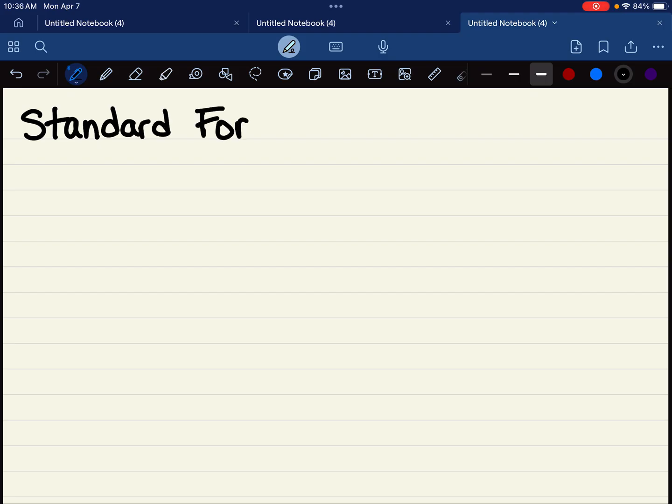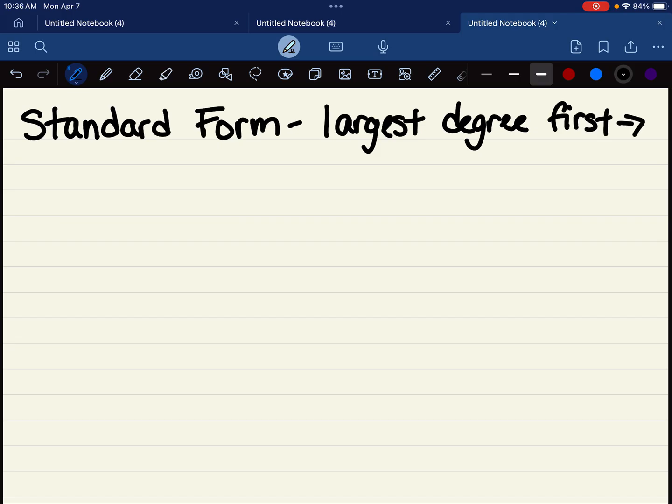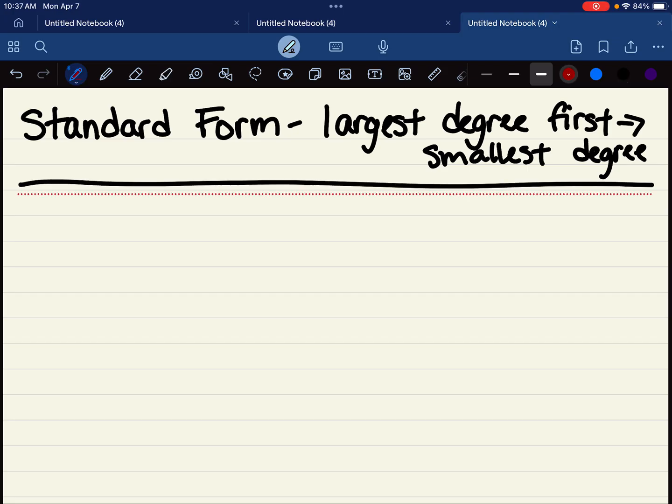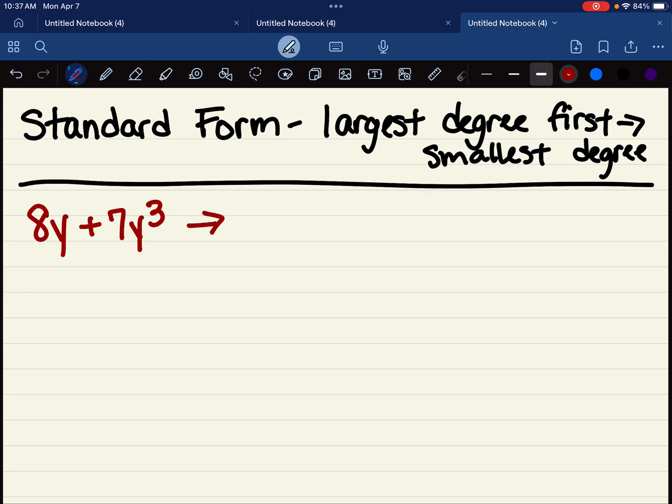All right, when it asks you to write something in standard form, you're going to put the largest degree first and then go to the smallest degree. So if they give you 8y plus 7y cubed, and they just want us to rewrite it and list the largest degree first, which term has the larger degree, 8y or 7y cubed?